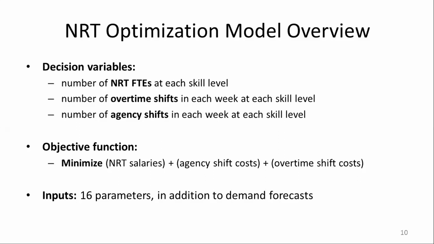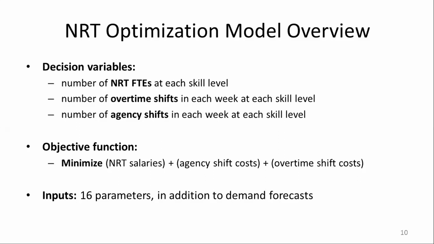In addition to the demand forecasts that we discussed earlier, the optimization model also takes in 16 other input parameters. These input parameters correspond to various aspects of the NRT staffing and scheduling process as it actually occurs in practice in the hospital.